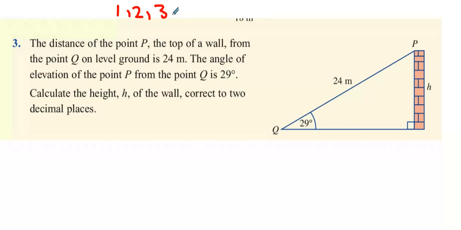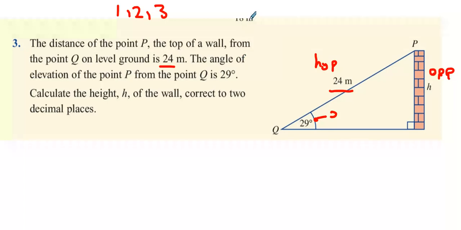The distance P of the top of the wall from Q on level ground is 24 meters. The angle of elevation of point P from point Q is 29 degrees. Calculate the height H of the wall correct to two decimal places. This time we actually know the hypotenuse, and the height of the wall is the opposite because it looks at the 29.